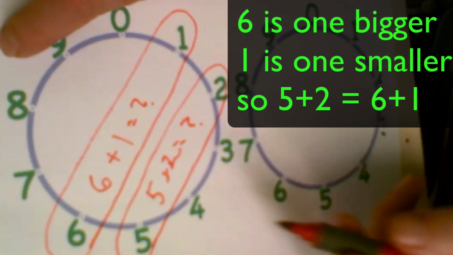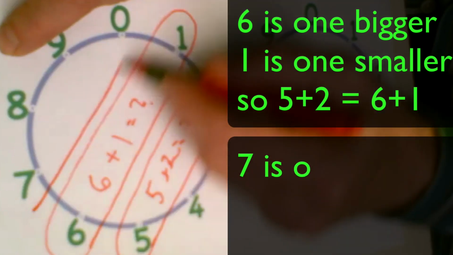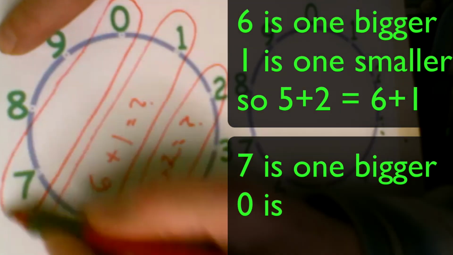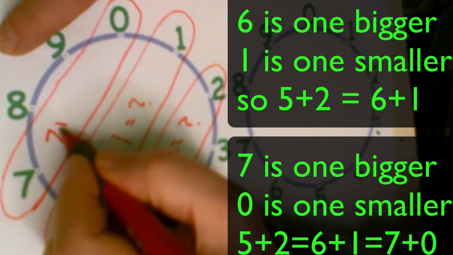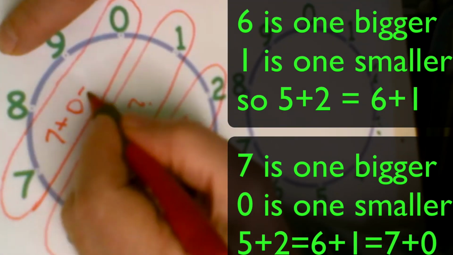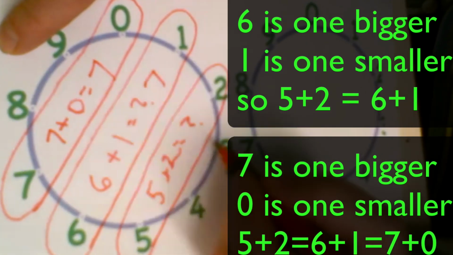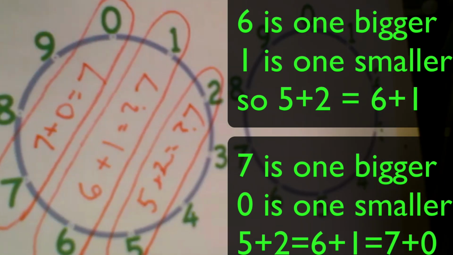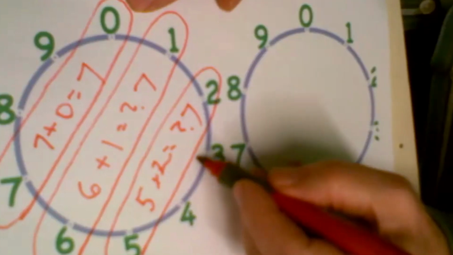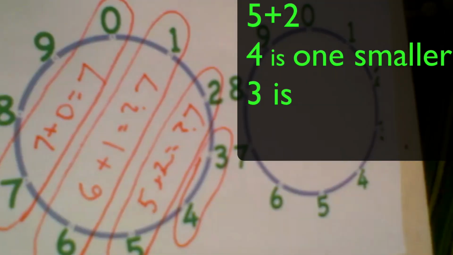And what do you think that number is going to be? 7. It's pretty obvious, isn't it? Yes. Because also, 7 plus 0 equals 7. So that means that 6 and 1 is 7, and that means that 5 and 2 is 7. 4 and 3. Look at that, huh? So you can go up or down.